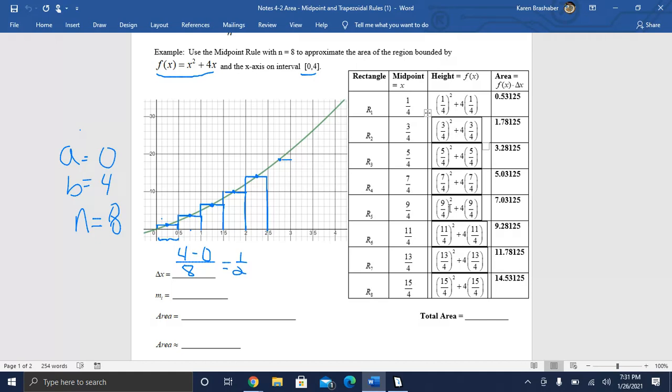So you can see the rectangles being drawn. So remember, I'm putting a point on the curve at the midpoint of the interval. And finally, my last one, whoops.